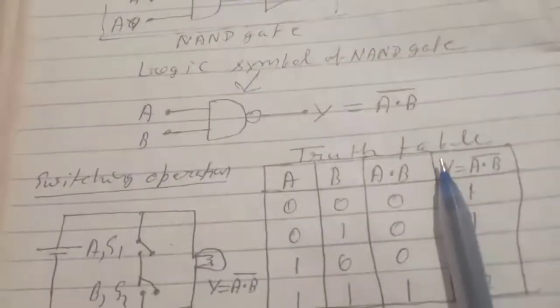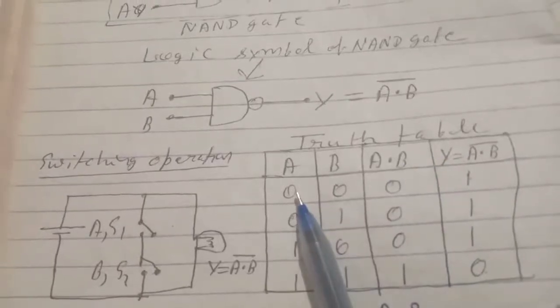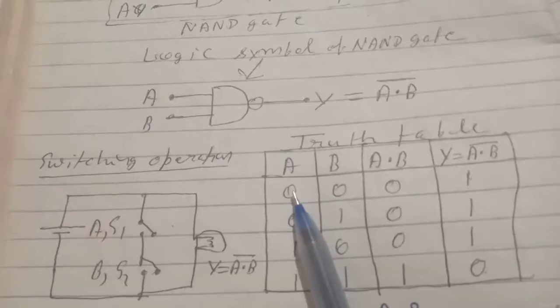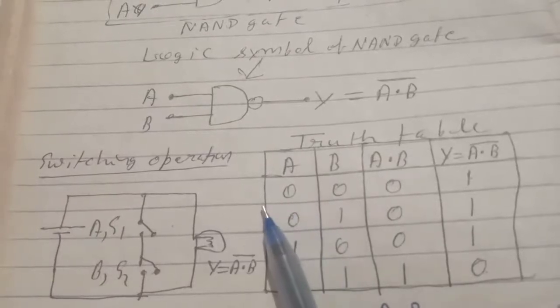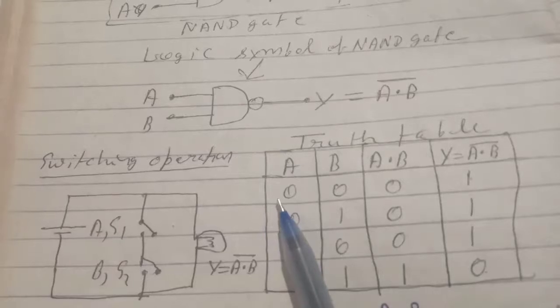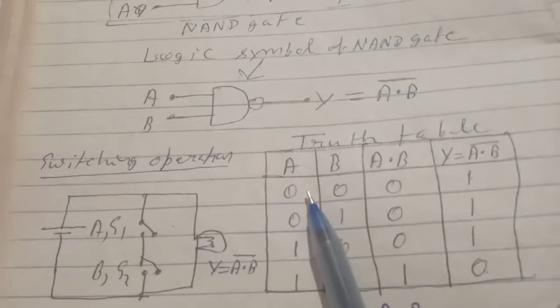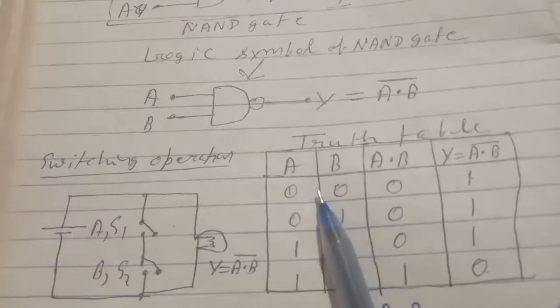Now the truth table for the NAND gate. For example, 0 means low and 1 means high. It should be in your mind that 0 represents low and 1 represents high, voltage or current, anything.